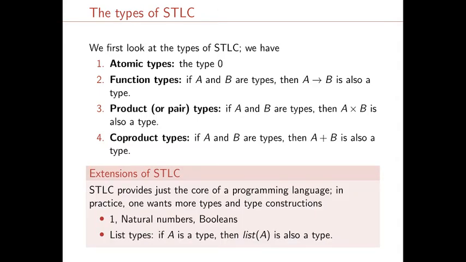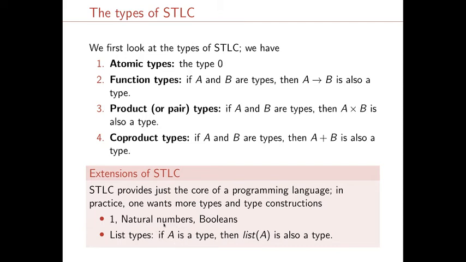The simply typed lambda calculus is just the core of a useful programming language. In practical programming languages, one would have more type constructions and more base types. One would usually have a unit type, which is a type that has exactly one element. One would have a type of natural numbers, a type of booleans, but also type constructions like lists, which are type constructions where one has an input, a parameter.